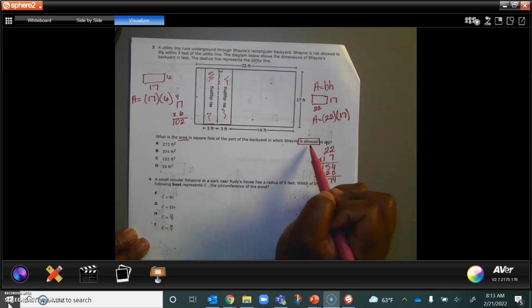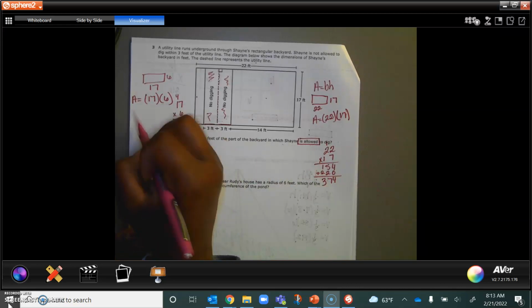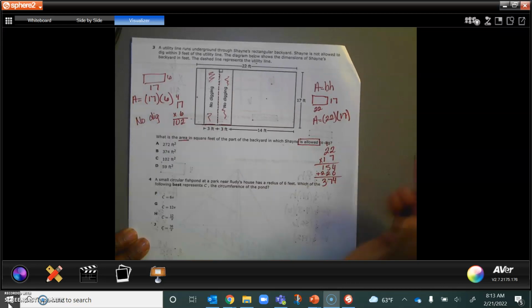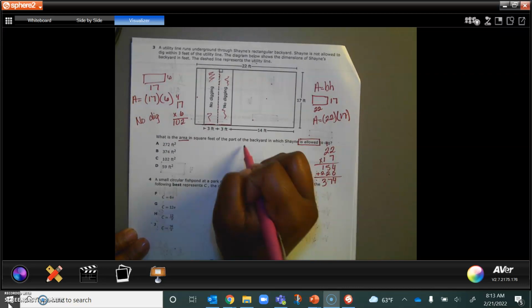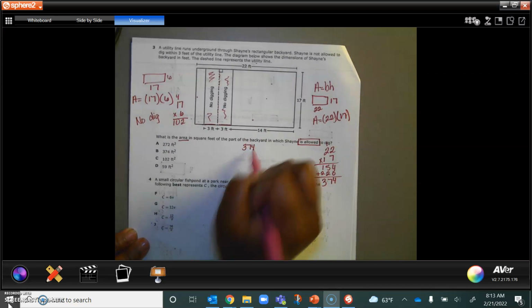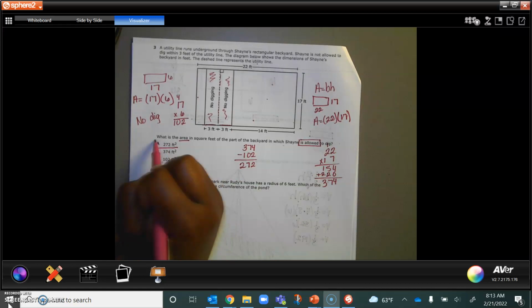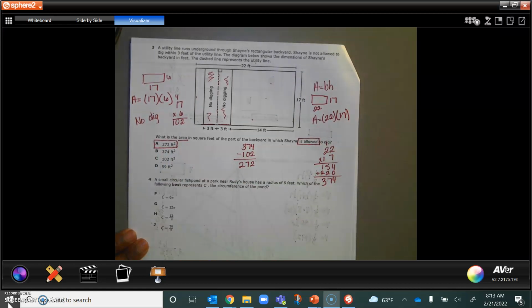Where is he allowed to dig? This is where no digging, and this is the entire backyard. So the last step is to subtract the two numbers. I get 272. So A should have been your answer choice.